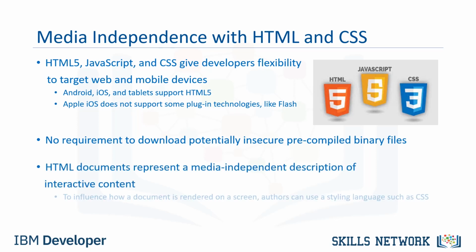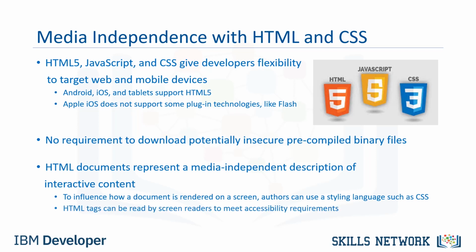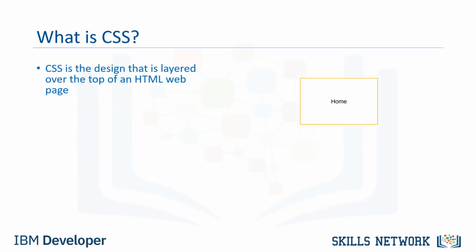HTML documents might be rendered to a browser window or through a speech synthesizer to provide assistive technologies for vision-impaired people. Being able to meet accessibility requirements is one advantage of using HTML markup over browser plugins for delivering interactive content.